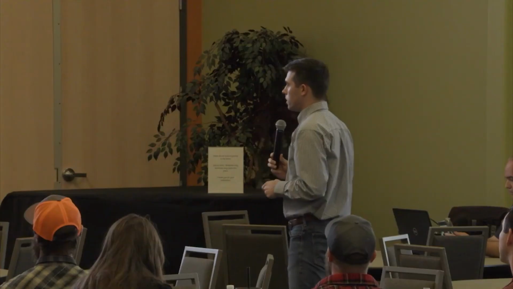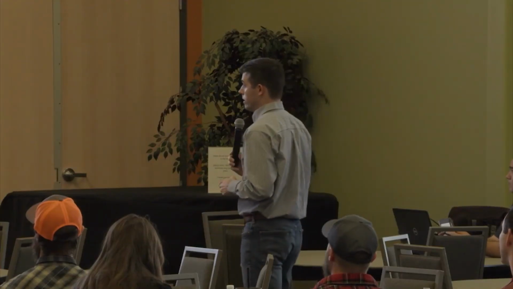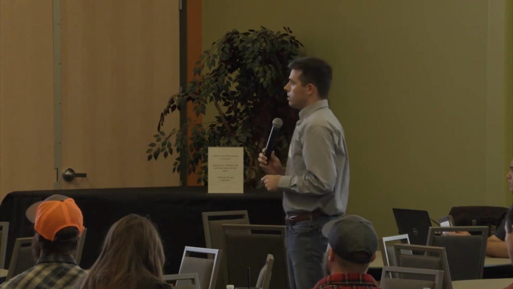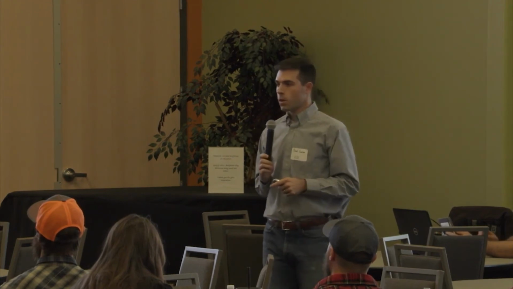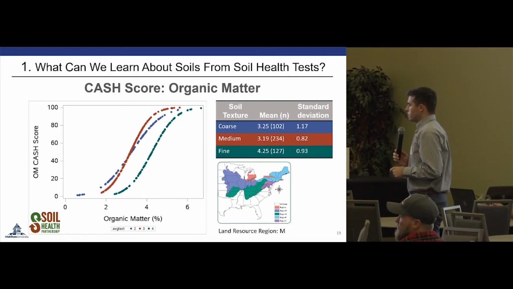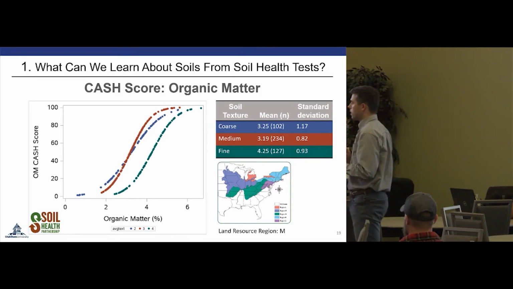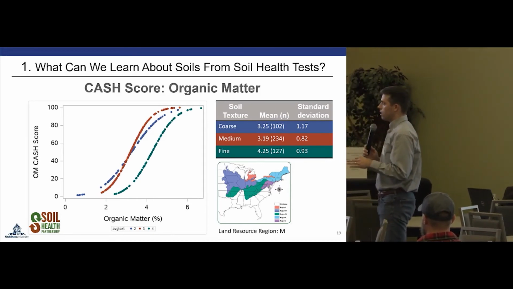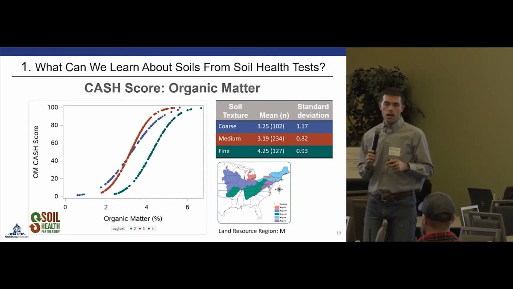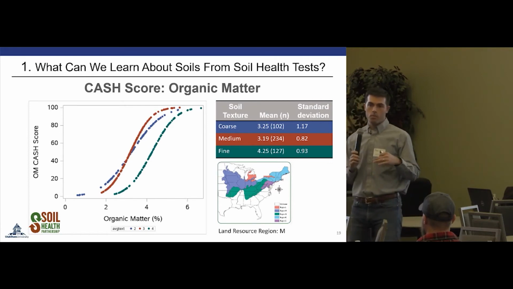So first, what can we learn about soils from these soil health tests? First, I wanted to look at what these scores look like and some of the basic indicators that we have. So first up is soil organic matter. The scores here, I have calculated myself.